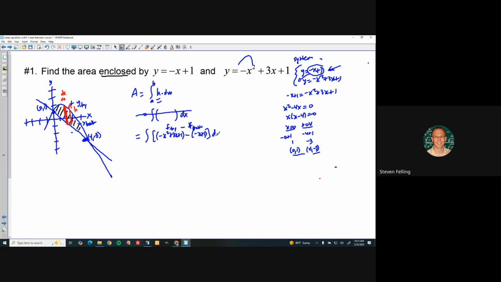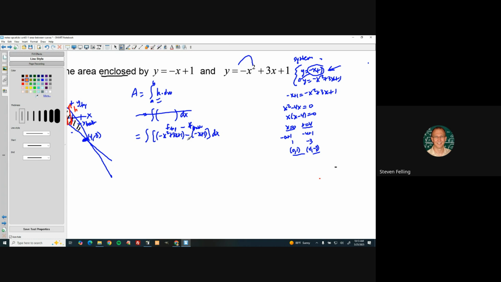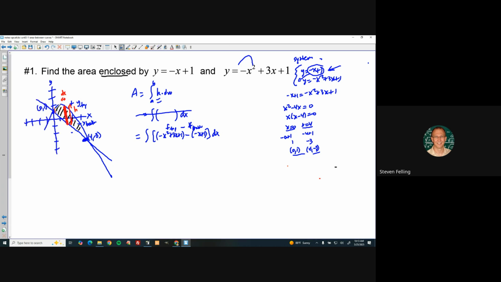And then times dx. And then, since this is an x, I have to start at a smaller x and end at a larger x. So the smallest x is, if you imagine now that you were sliding these rectangles, you would include all these rectangles to fill up this space. So this is going to start when x is 0, and it's going to end when x is 4. So the limits of integration are 0 and 4. Right, so that's the setup.